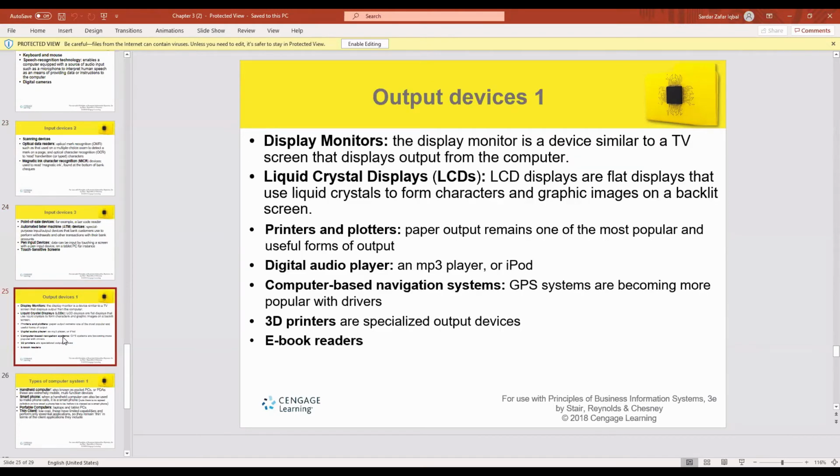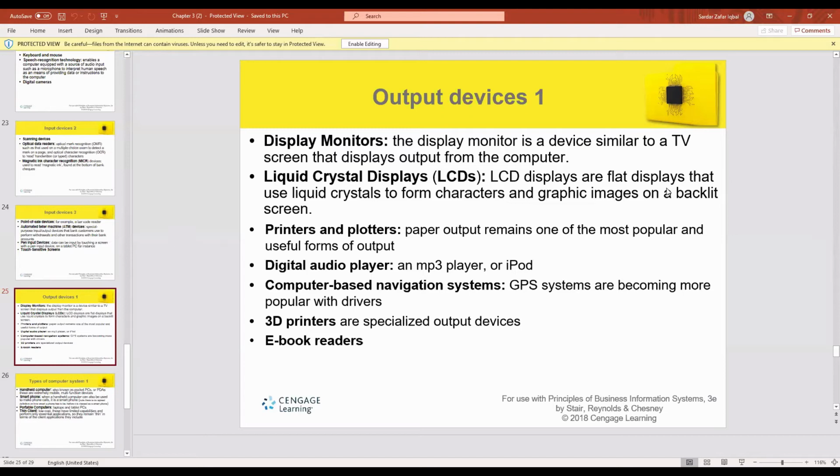So now the output devices. First, display monitors. The display monitor is a device similar to a TV screen that displays output from the computer. If you go to Extra or Jarir in the market, you can see many different types of computer screens. Very modern computer screens are available from Apple, Samsung, and all other companies.